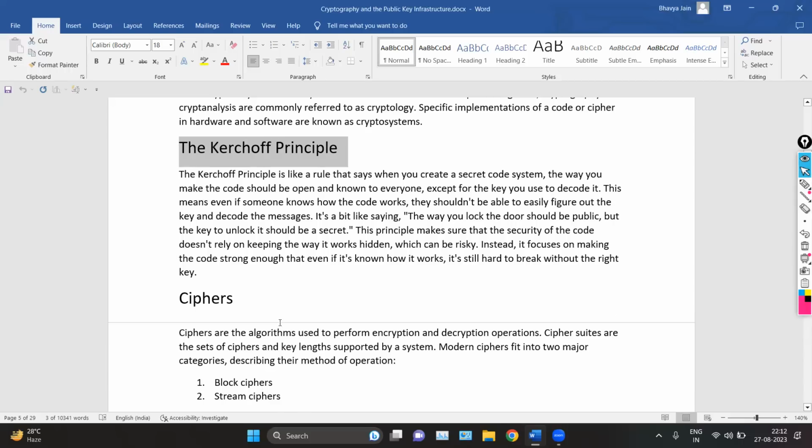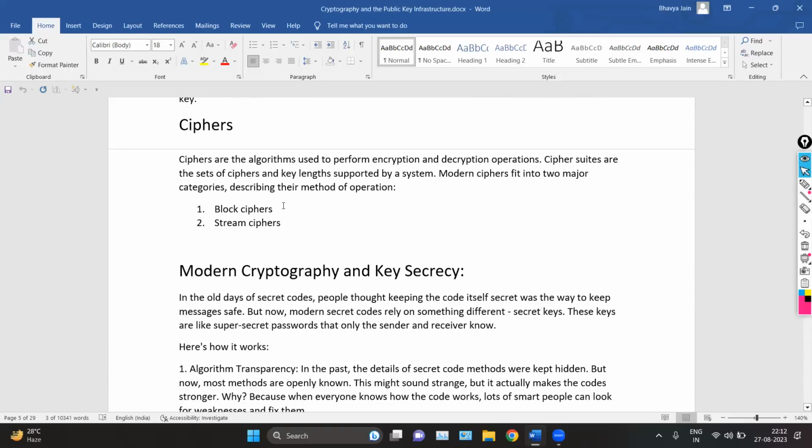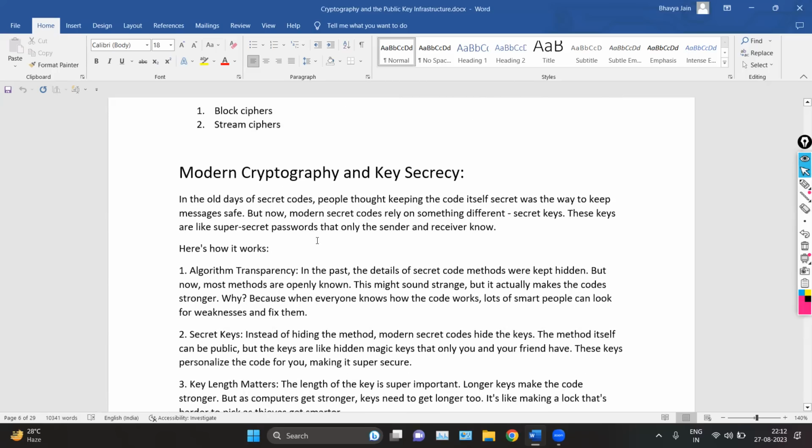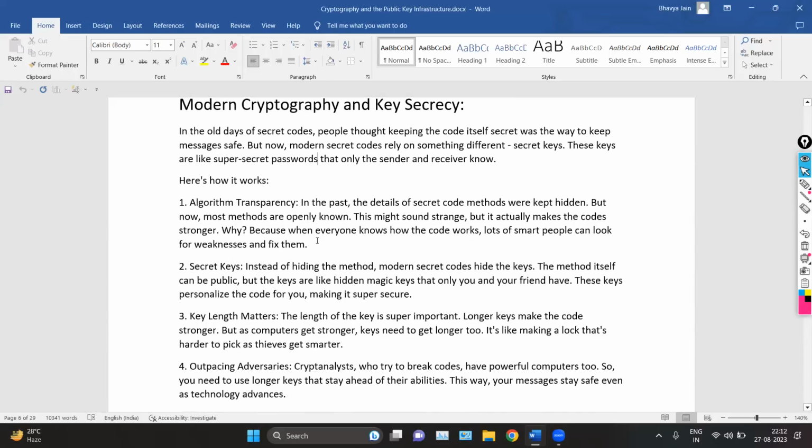Then we have ciphers, which are block ciphers. Block ciphers encrypt the data in blocks, and stream ciphers encrypt character by character. Then we have modern cryptographic key secrecy. In this session, we discussed what modern cryptography is, how it is different from historical cryptography, and the benefit of algorithm transparency.